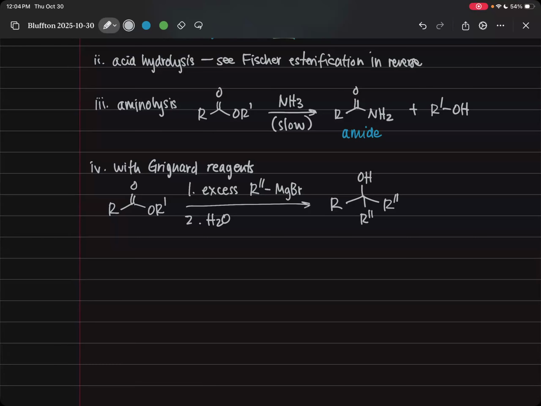It's a tertiary alcohol. And as you'll notice, R prime, which was the group originally on the oxygen atom of the ester, is completely gone from the product. We've only got R and R double prime.